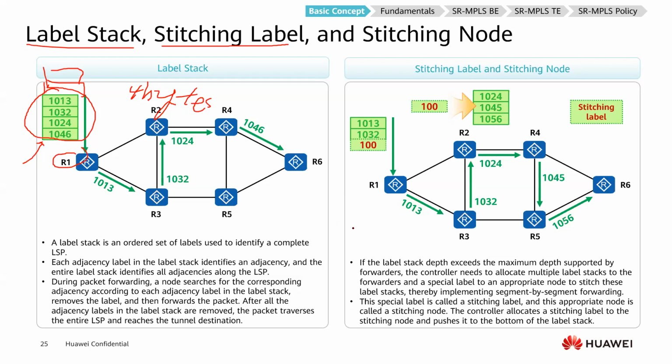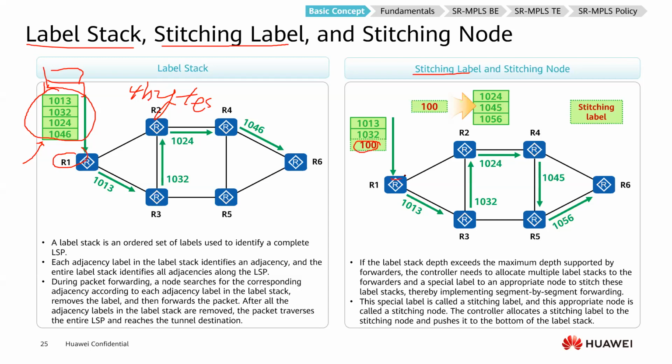It will cause problems. But what if we are facing a quite large network where, for example, we need 20 hops to reach the destination? What to do about that? So we have something called a stitching label. We'll put a stitching label here.